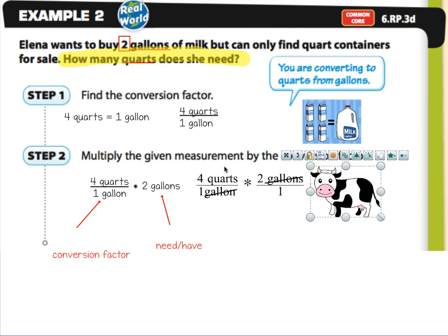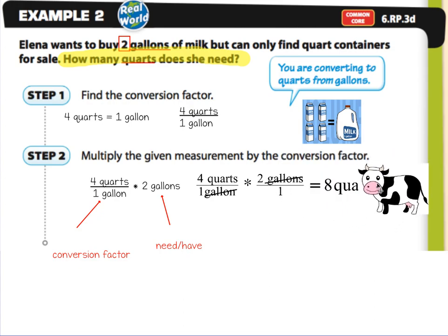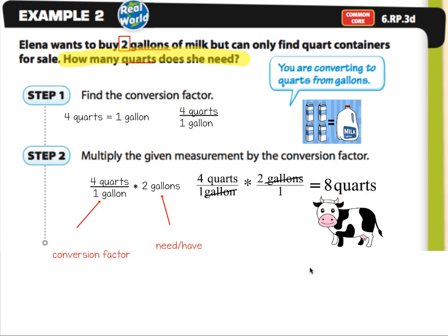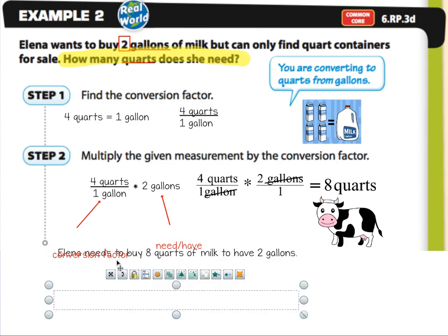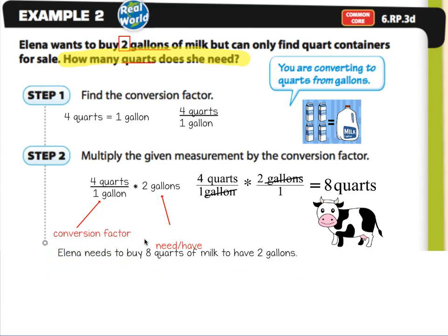And so you're left with the label of quarts. So I have 4 times 2, and in this case, my answer then would be 8, and the only label I'm left with is quarts. So therefore, Elena would be looking for 8 quarts of milk in order to buy her 2 gallons.